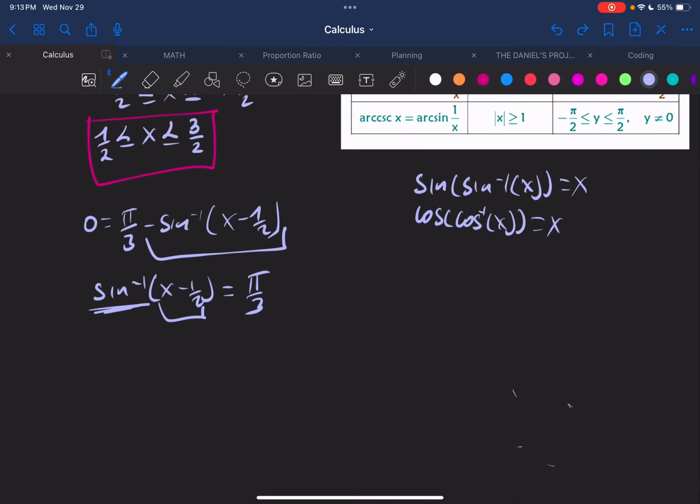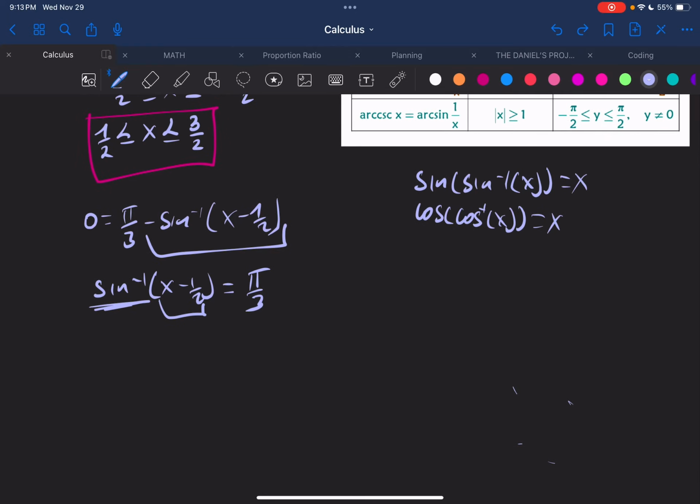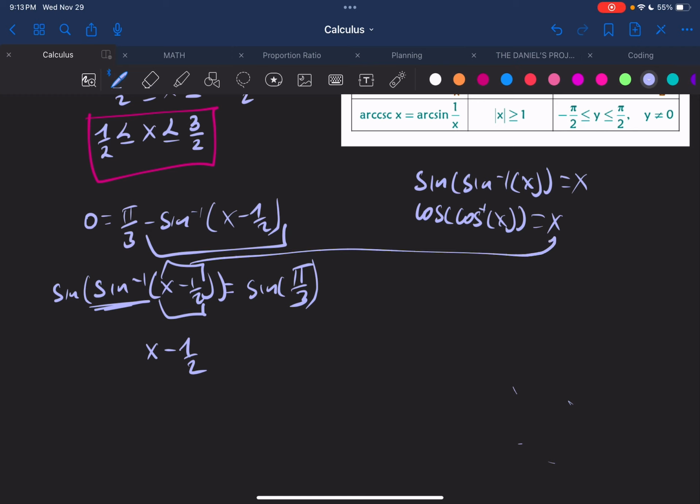So I'm going to take the sine on both sides, sine of what is on the right and what is on the left. Sine of sine inverse of x minus 1/2 is just the same as x minus 1/2. So x minus 1/2 is equal to sine of pi over 3.